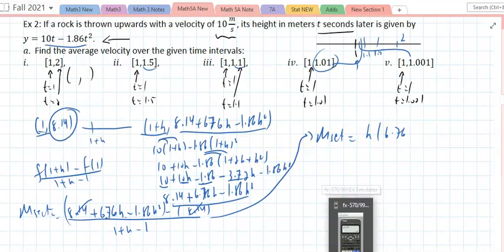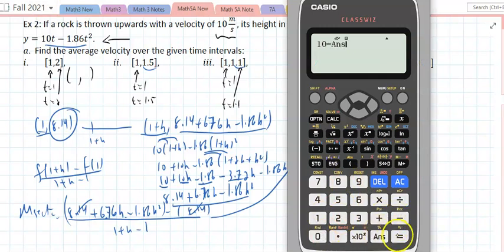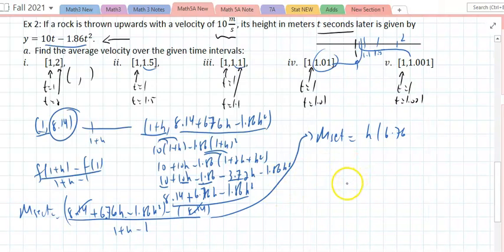And 10 minus that is 6.28. Okay, why does it seem like I lost something? So this should have been 6.28.